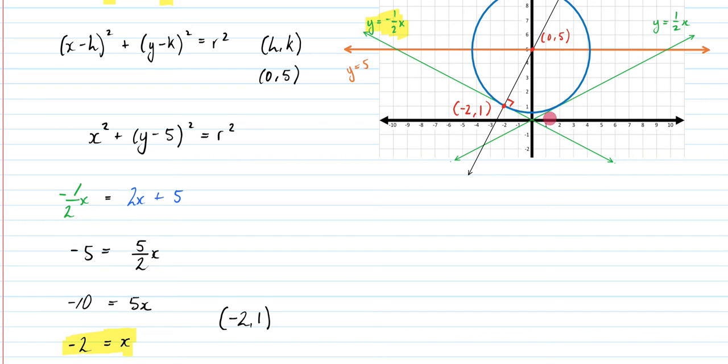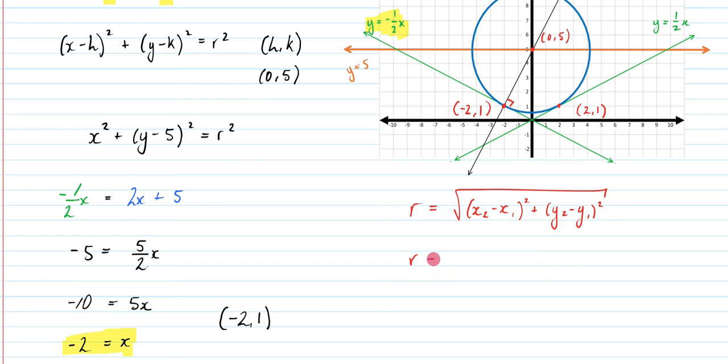Then we could go over here, and because I know it's going to be symmetrical, it would be (2, 1). So now to find the radius, all I'm going to do is use my distance formula, which we know to be the square root of (x2 minus x1) squared plus (y2 minus y1) squared.